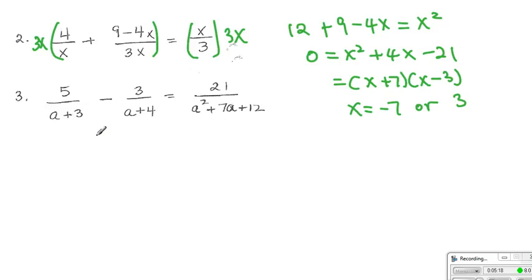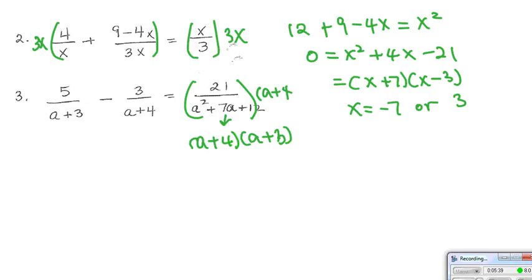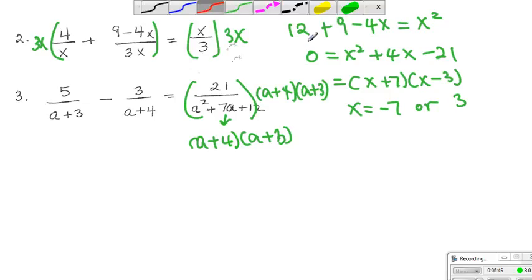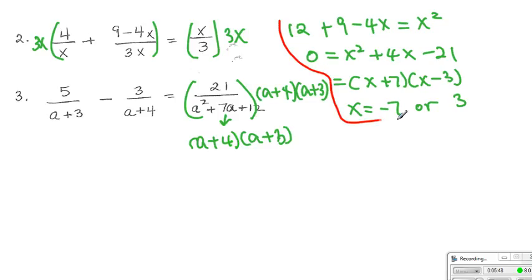How about number 3? Here, since this factors into a plus 4 and a plus 3, what we can do is multiply both sides by that, a plus 4 and a plus 3. Let me draw the borderline right here, just so that we know.